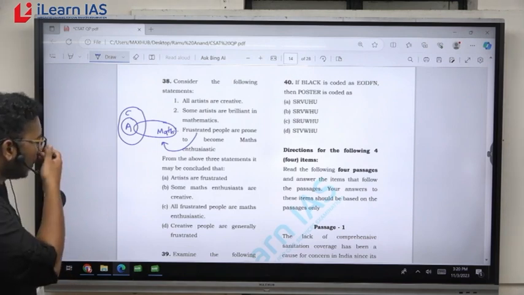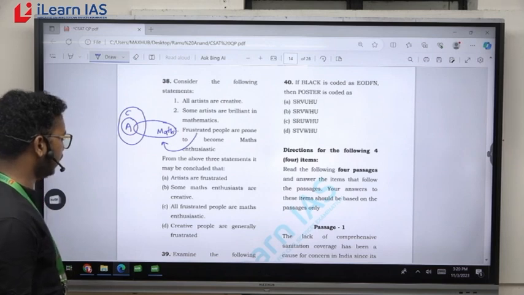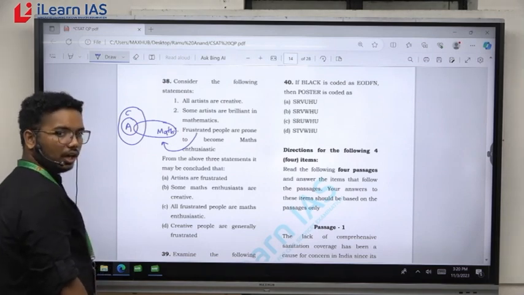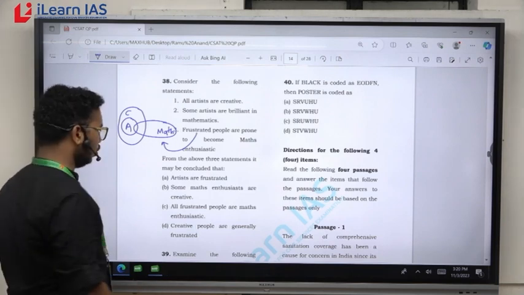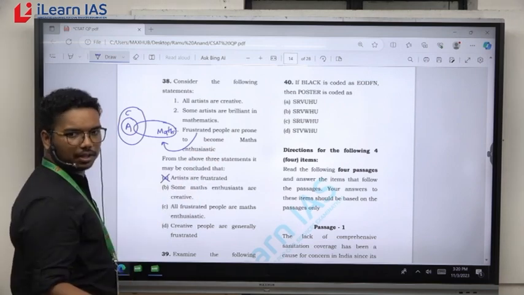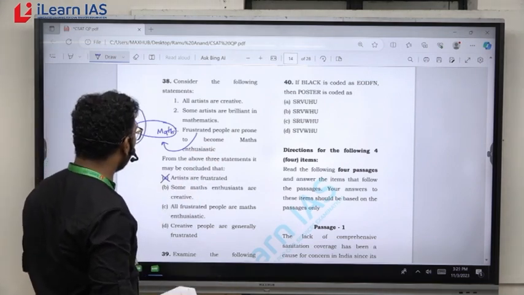Now, statement 1. The conclusion is what is asked. Artists are frustrated. Can we say artists are frustrated? No, because it is only said that frustrated people are prone to be math enthusiasts. Now, some math enthusiasts are creative.